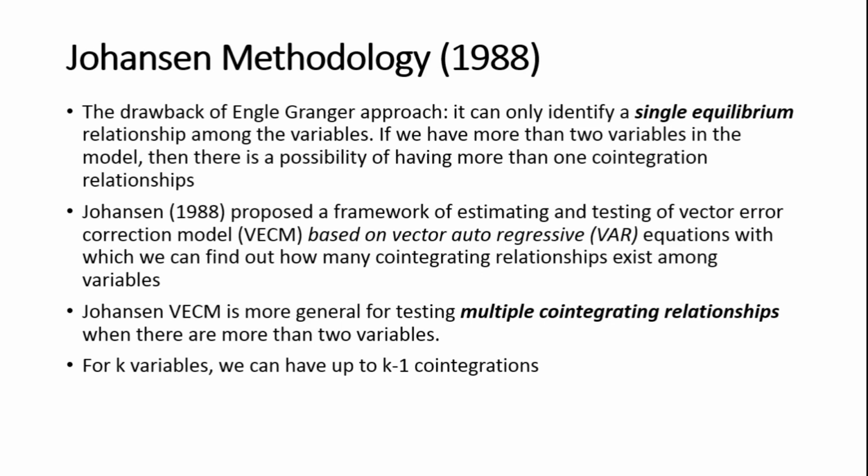So Johansen in 1988 proposed a framework for estimating and testing vector error correction models based on vector autoregressive equations, with which we can find out how many cointegration relations exist among variables. The Johansen vector error correction model is more general for testing multiple cointegrating relationships when there are more than two variables.